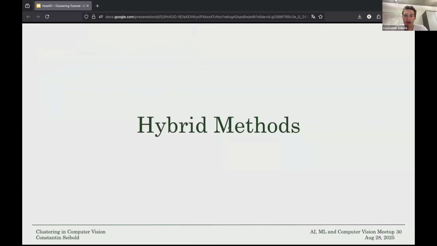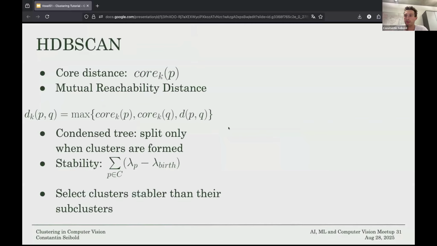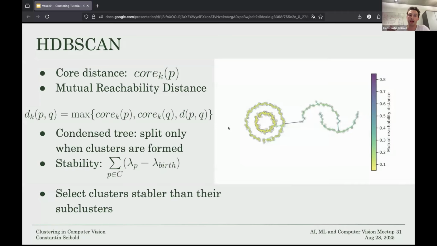Let's go a bit about hybrid methods. One of the methods that tries to solve these issues that DBSCAN has is HDBSCAN, which basically tries to compute relative densities by looking at the nearest neighbor distances, usually up to the fifth nearest neighbor, to define how points might be grouped together.